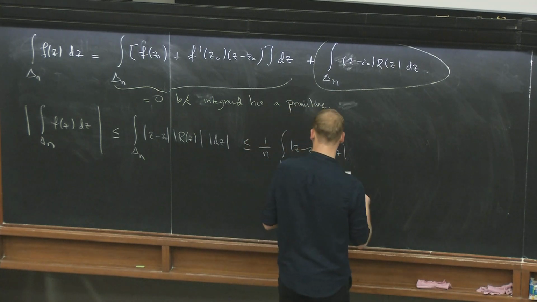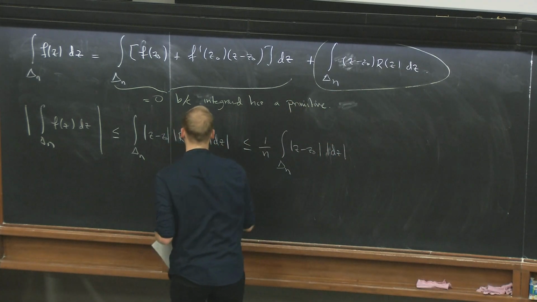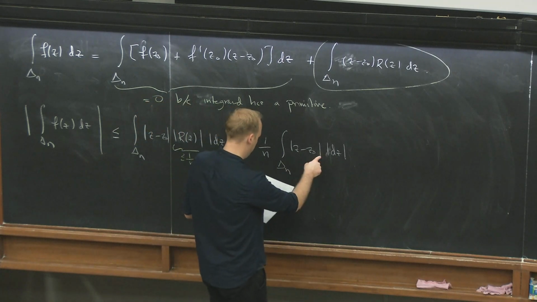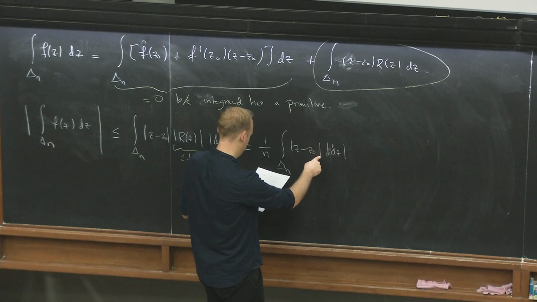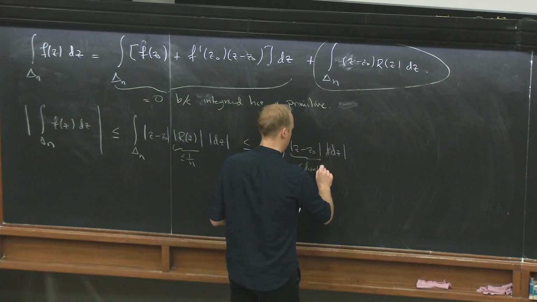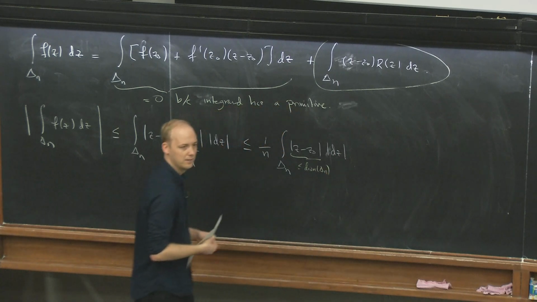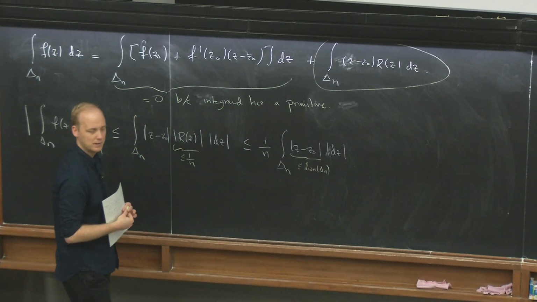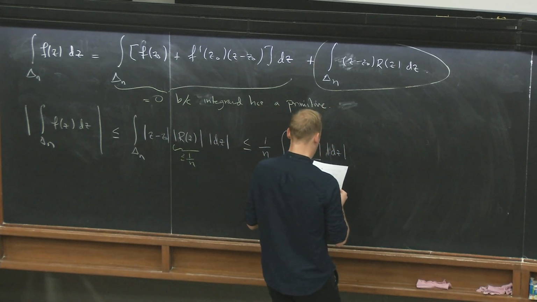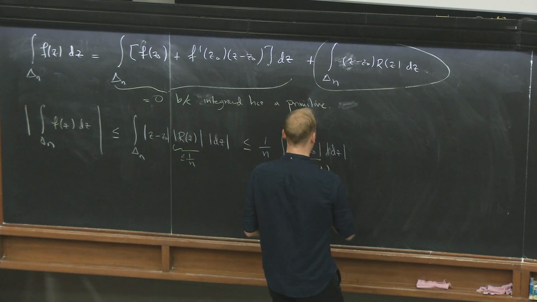And then we have this z minus z0 here. Well, this is less than or equal to the diameter of delta n. Okay? Because both z and z0 are in delta n.